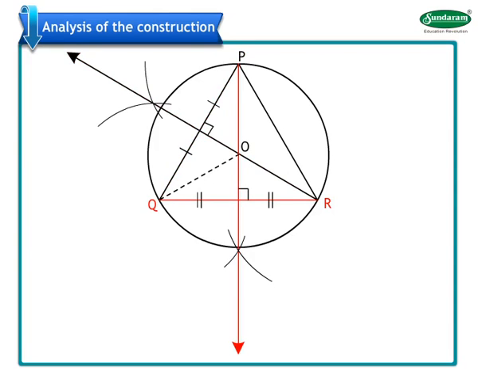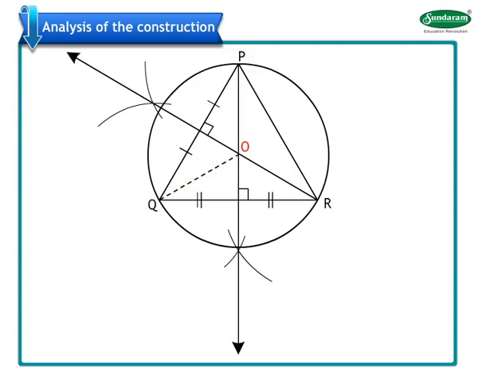Now let the bisectors of segment PQ and segment QR intersect each other at one point O. The point O is equidistant from the 3 points P, Q, and R. Therefore, PO is equal to OQ is equal to OR.